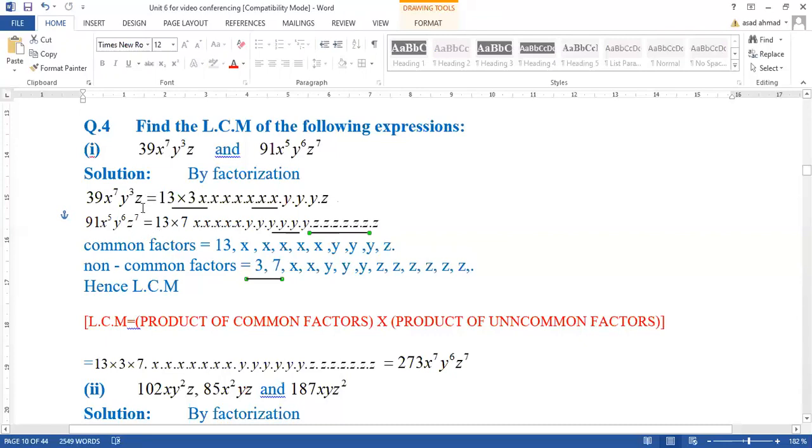And for z raised to power 7 and z raised to power 1, the answer will be taken with the highest power, so z raised to power 7 will be taken as the answer of LCM. So I hope that you will be able to understand. I have explained in this video how to find LCM and HCF by factorization.